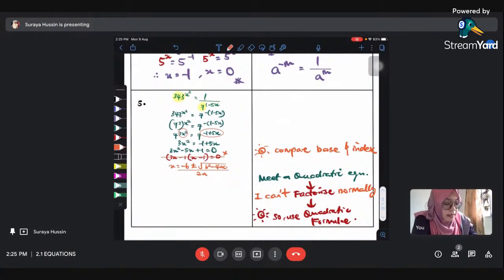So now barulah, bila you dapat point, make sure you use quadratic formula. And then you masukkanlah B. You tahu B you apa kan? B is negative 5. Plus minus square root of negative 5 squared minus 4A, A3 C1.